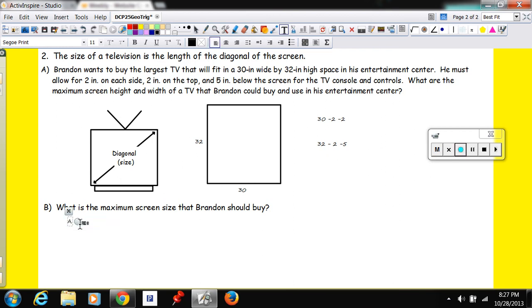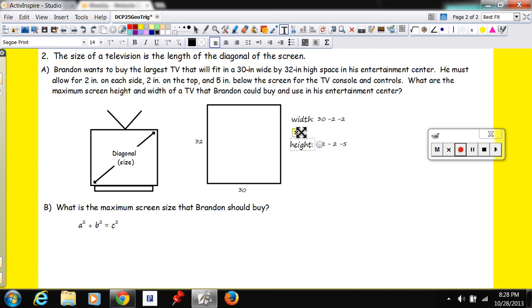You're going to do A squared plus B squared equals C squared. Once you've got the new maximum, the new TV that he can use by doing all these things, this is your new width, and this will be your height.